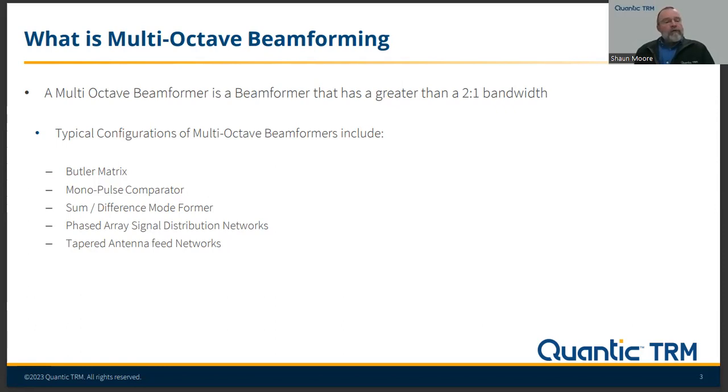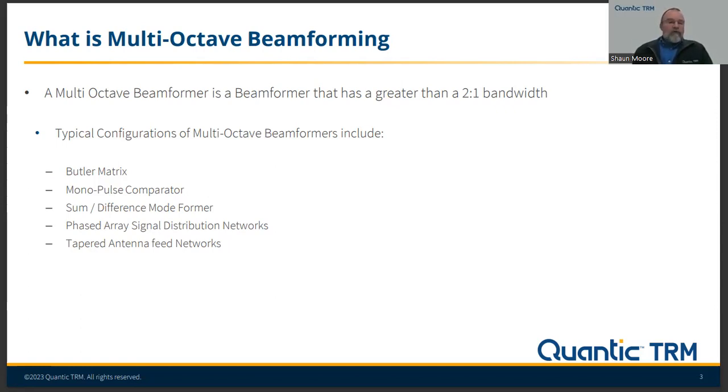Now, typical applications and configurations of multi-octave beamformers are usually things like Butler matrices or monopulse comparators, where you're trying to utilize the fact that you have these broad ranges of things that you want to either track or just identify where information is coming from.